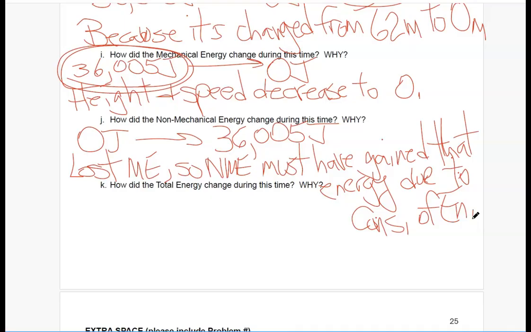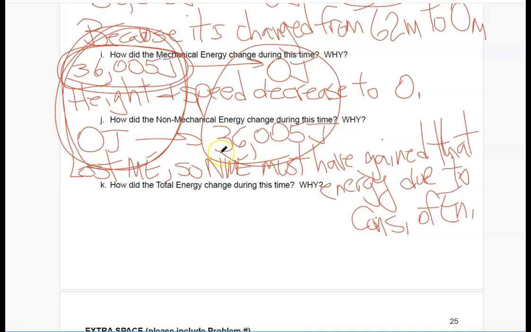So it's the same total in the beginning, and I'll just circle, here's the total in the beginning, the mechanical and the non-mechanical in the beginning, 36,005 joules plus 0 is equal to 0 plus 36,005 joules. It's the same before and after. So the total energy remains constant.